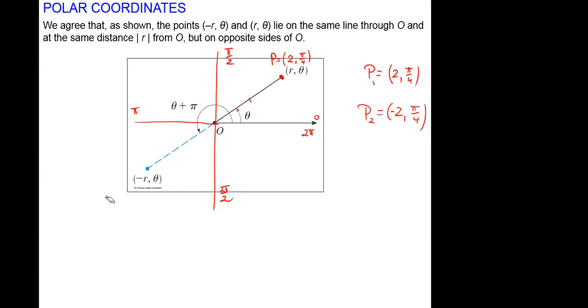Opposite quadrant means for the first one, of course, the opposite is the third one. For the second one, the opposite is the fourth one. And opposite means something like if you are looking in front of you and you turn 180 degrees, you will be looking in the opposite direction.